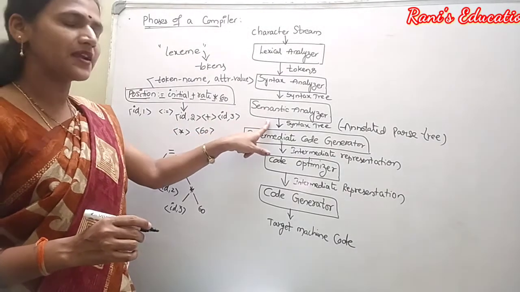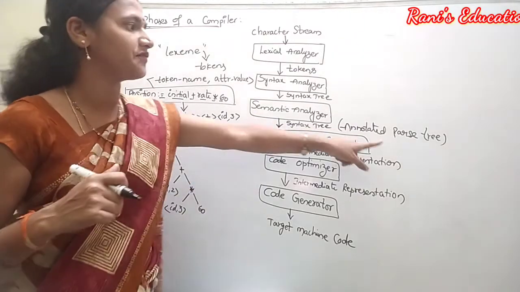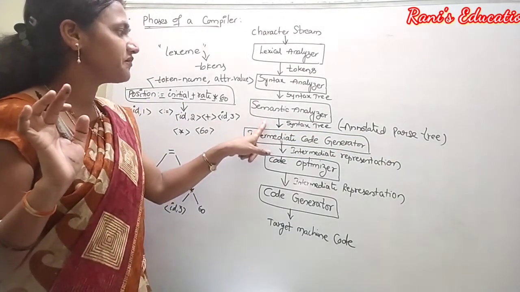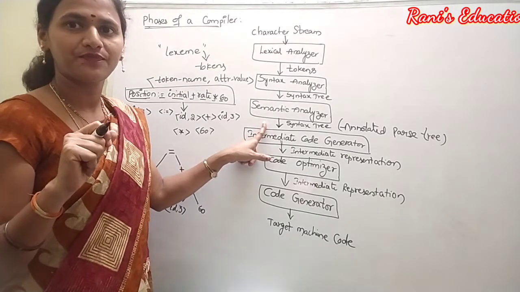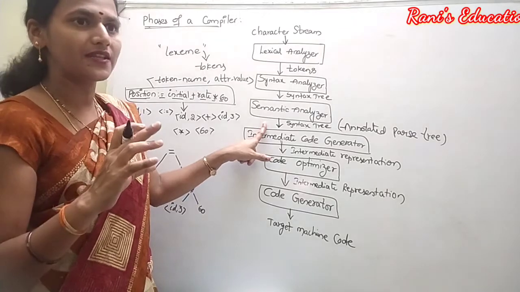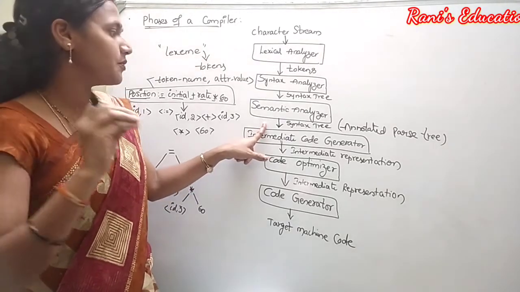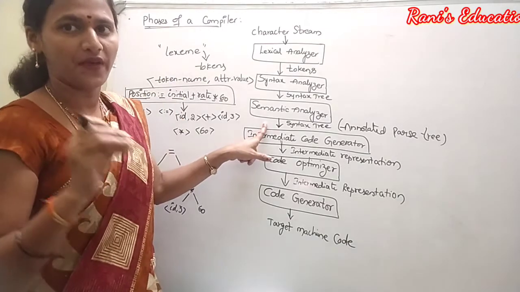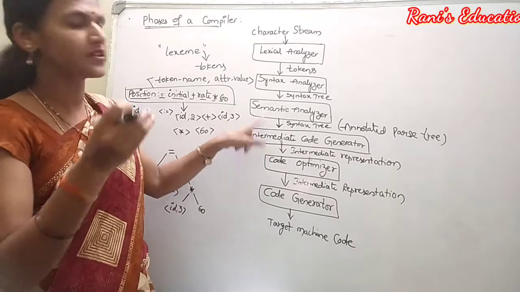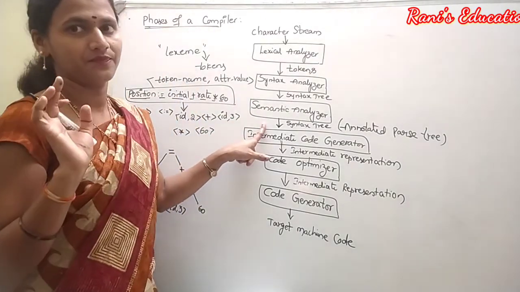The output of the semantic analyzer is stored in the form of a symbol table or in the form of a tree representation. One more important feature of the semantic analyzer is that it performs type checking: whether the operators are matched with the correct type of operands or not. If possible, type coercions are also done in the semantic analyzer.